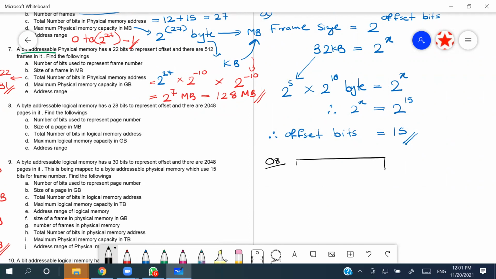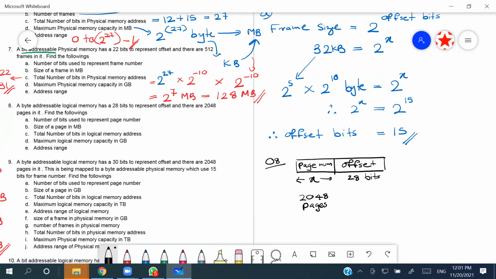It is a byte addressable memory. We got 28 bits for offset. And we don't know how many bits there are for page number, so we take it as X. But we know there are 2048 pages.